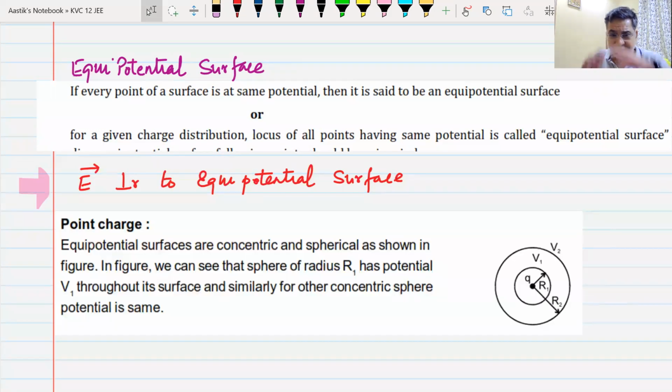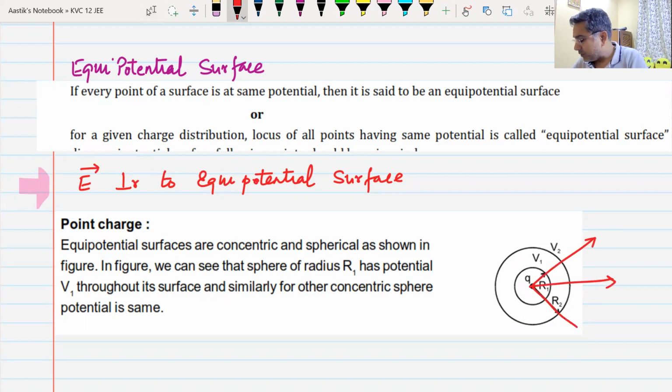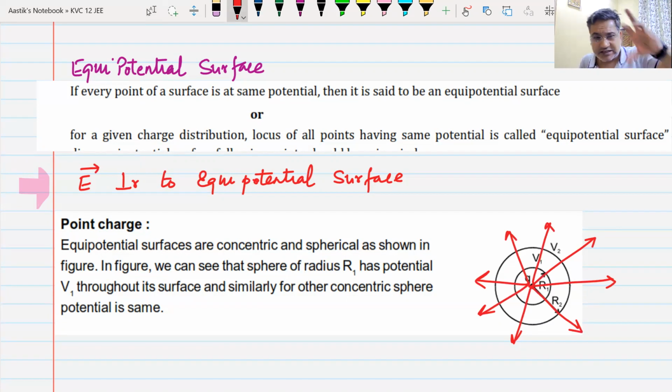A point charge will create spherical equipotential surfaces, because at any point on those surfaces the electric field will be perpendicular, and all points on that surface would be equidistant from the point charge. Therefore the equipotential surfaces will be concentric spheres. This is also the case with a spherical charge distribution: if the charge distribution is uniform throughout the surface, the equipotential surface would be spherical in shape. Do we understand this?